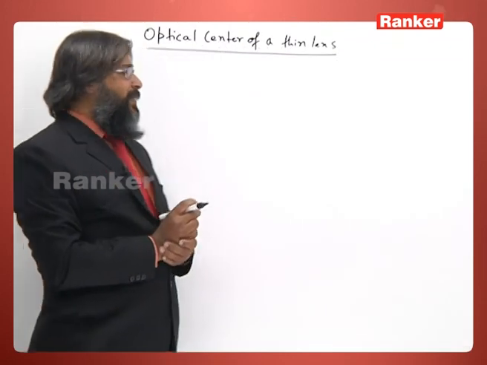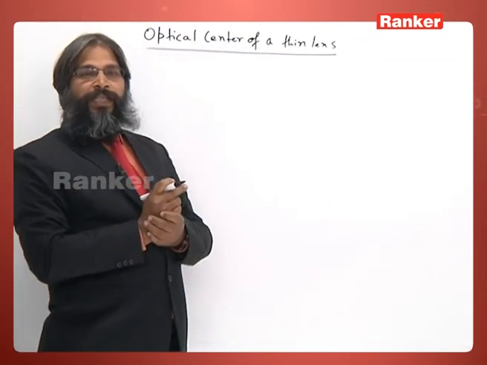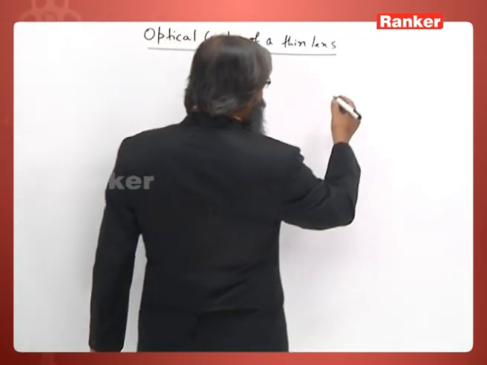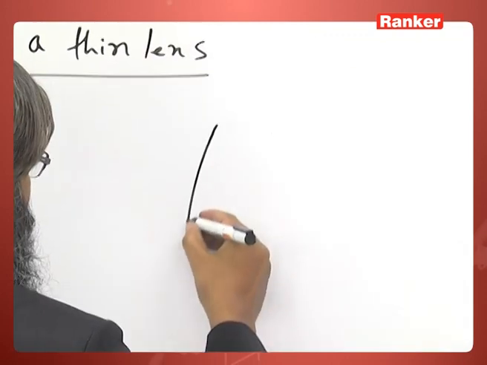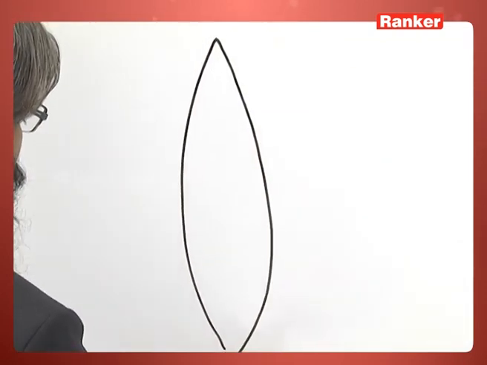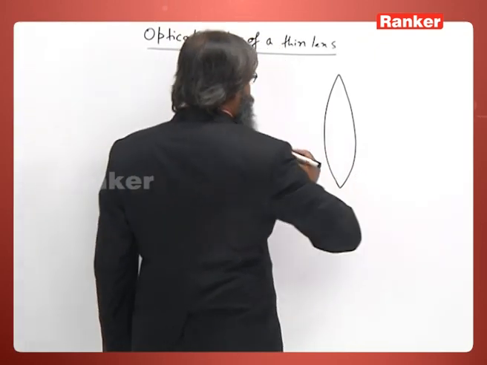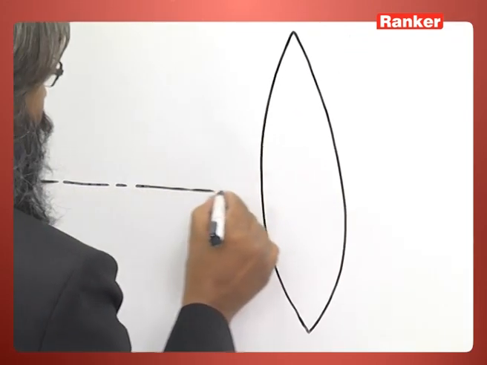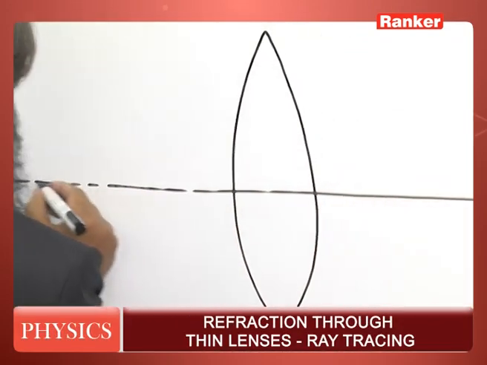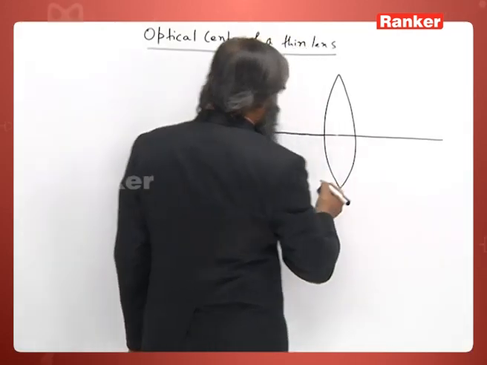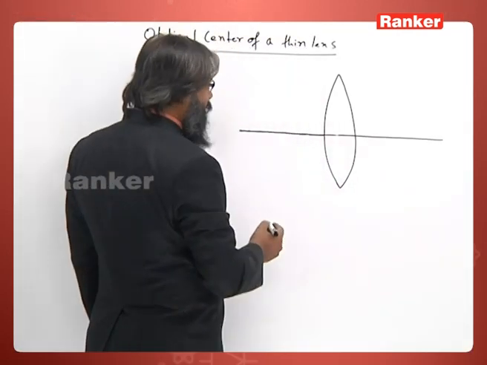Okay. So, now let us see the optical center of a thin lens. Here this is a convex lens and this is the optic axis of the convex lens. Suppose this is R1, the radius of curvature.